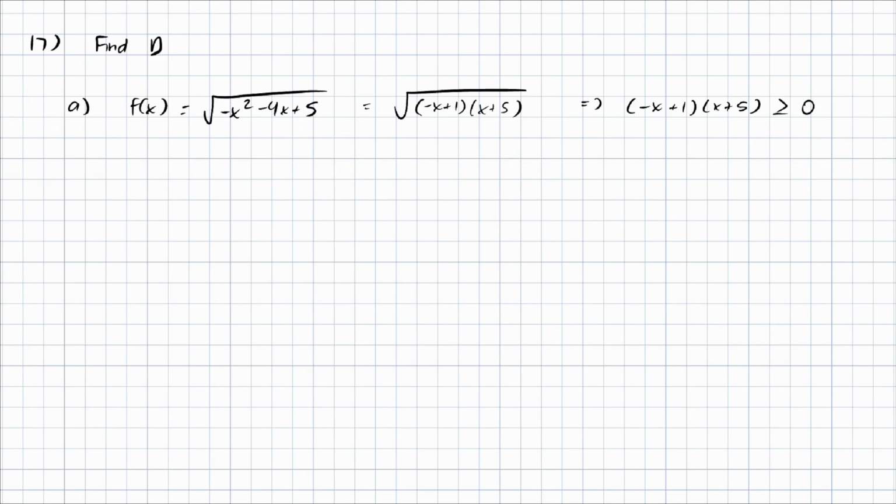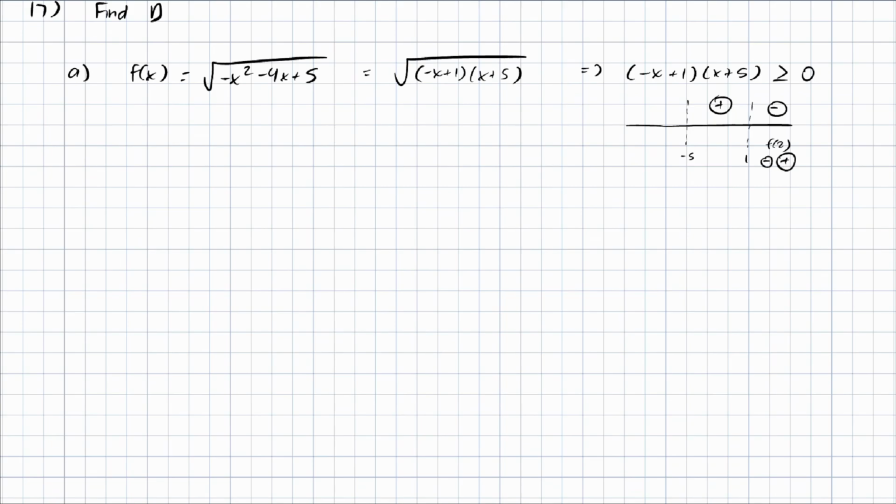So I have critical points at negative 5 and positive 1, right? Plug in 0, a positive, positive, so this is positive. Plug in 2, negative, positive, so this is negative.